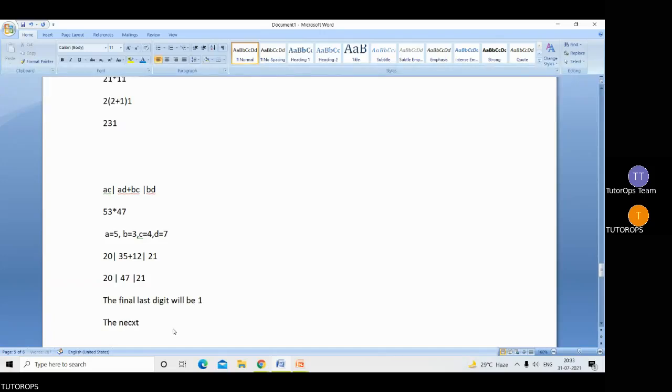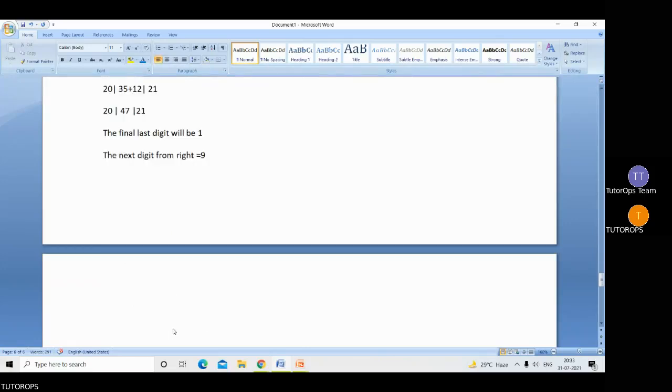Remember, this is a reverse order. Okay, the next digit means the next last digit. So the next digit from the right side, for better understanding, I am writing this, mentioning the side, will be 9. And then 4 will be carried forward to 20. Here there is no more part, so 20 will be added to 4.